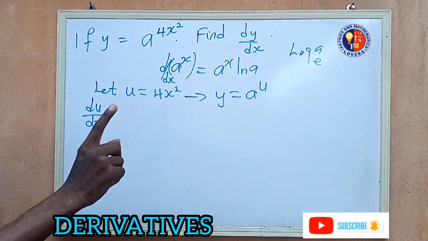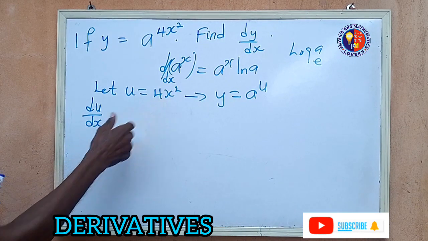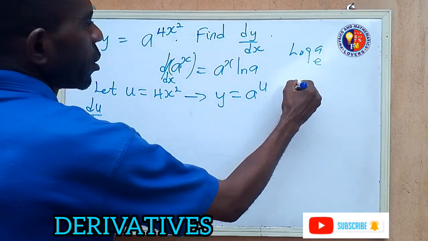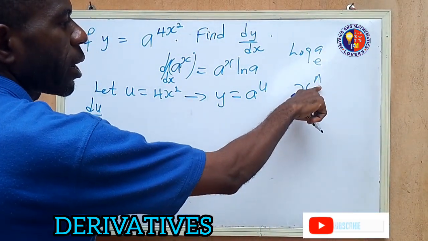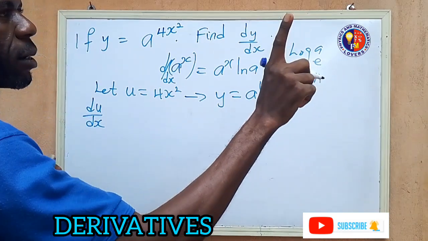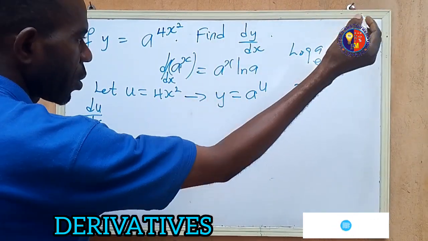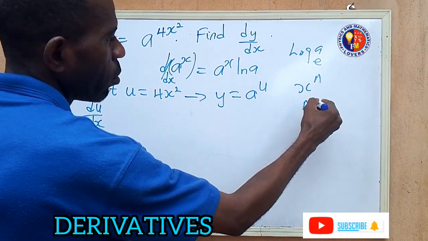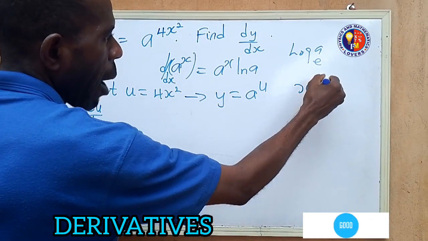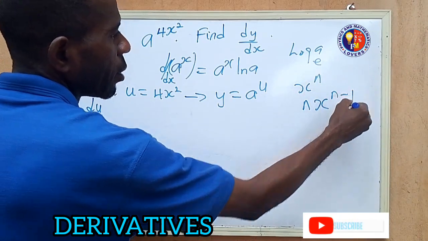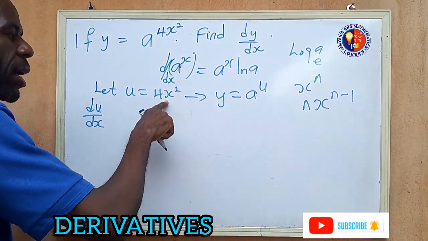For those of you that are beginners in calculus, the power rule means that if I have x raised to the power n, to differentiate it, we multiply by n, it becomes nx, then I take 1 away from the power. So we are going to apply it here.